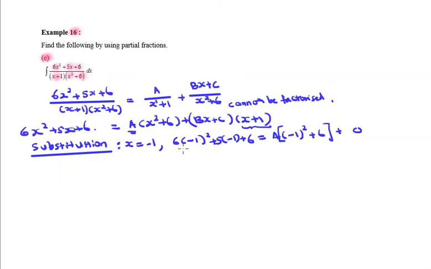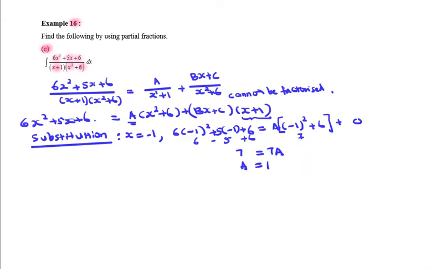Evaluate the left hand side: 6 times negative 1 squared is 6, minus 5 is 1, plus 6 is 7. On the right, negative 1 squared is 1, plus 6 is also 7. So 7 equals 7a, where a is equal to 1.